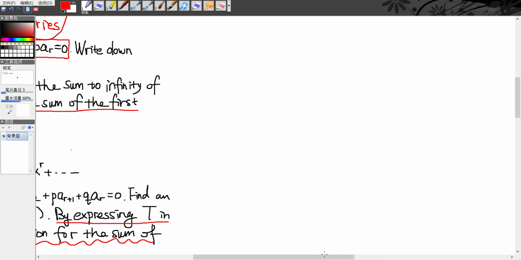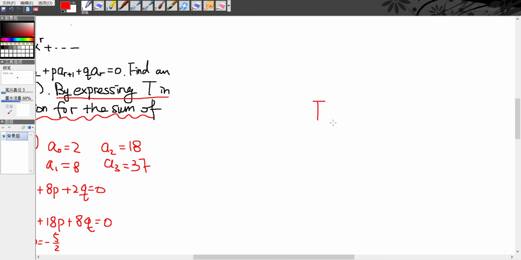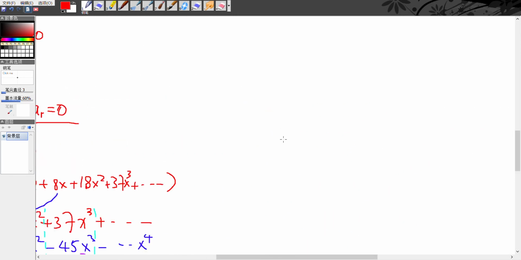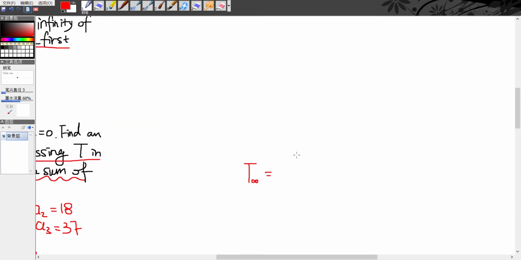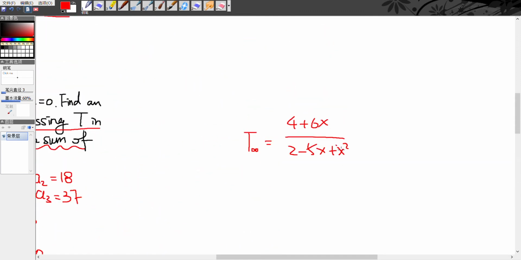So let's see what will happen if we express T in partial fractions. T infinity is equal to (4 plus 6x) over (2 minus 5x plus 2x squared).